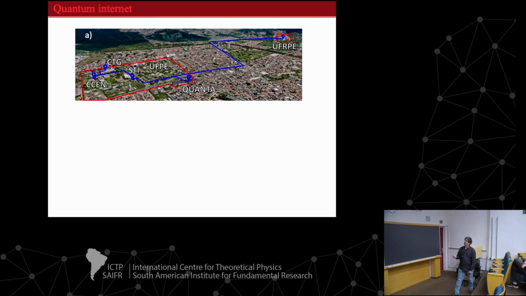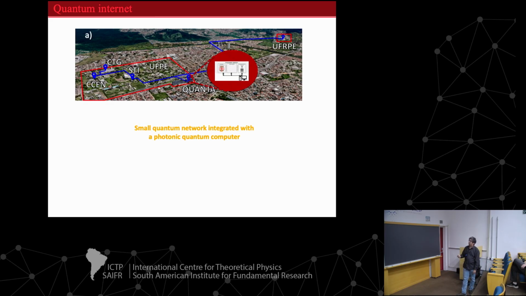So what's getting more interesting now is that to this network, we are adding a quantum processor, and we are going to operate this network initially exactly at 800 nanometers, and we are adding a processor at 800 nanometers. So actually we have a small quantum network integrated with a photonic quantum computer.